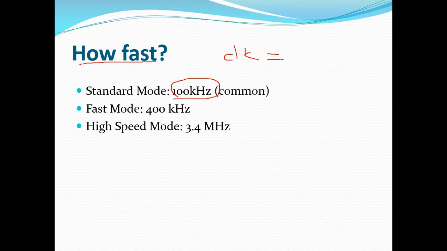And for fast mode, it can go around 400 kHz, faster. And if you run it in high speed mode, it can go up to 3.4 MHz. Let's calculate the clock cycle for 3.4 MHz. You get around 3 nanoseconds, if I'm not mistaken.